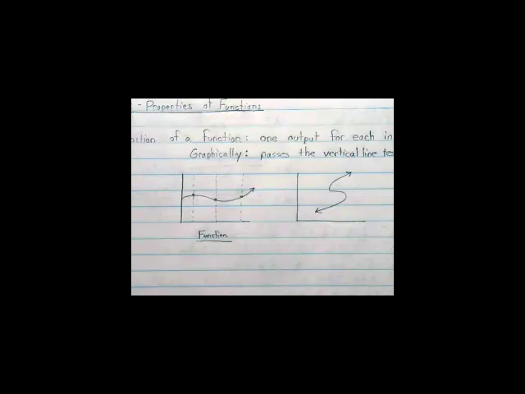Now what about the second one? Does that pass the vertical line test? No. Are there certain places on that function where it does pass the vertical line test? Yeah, there are certain places where it does, but does every x value work? No. I can find a specific place where it doesn't work.